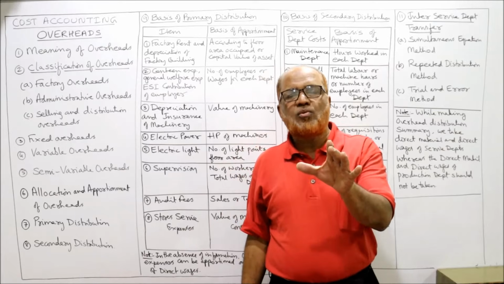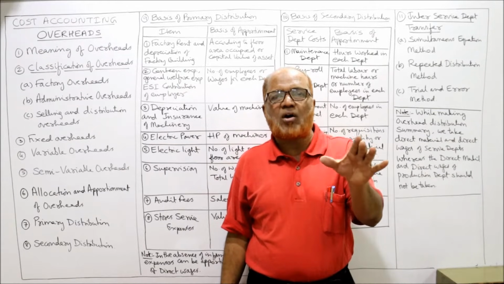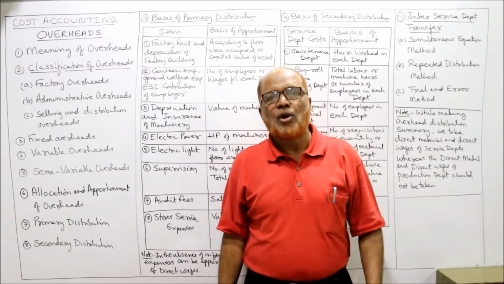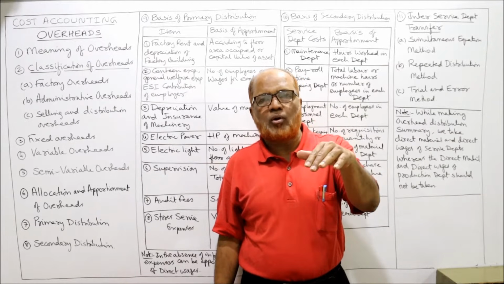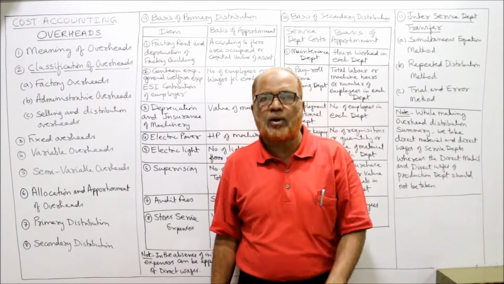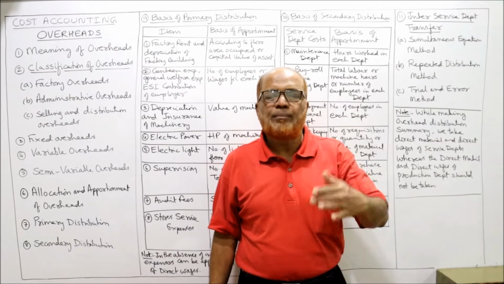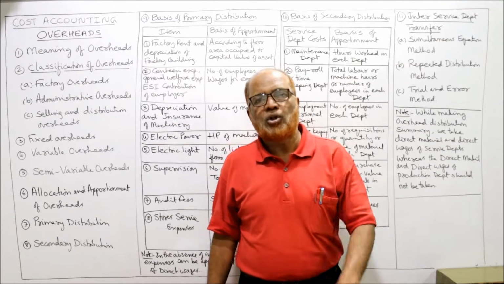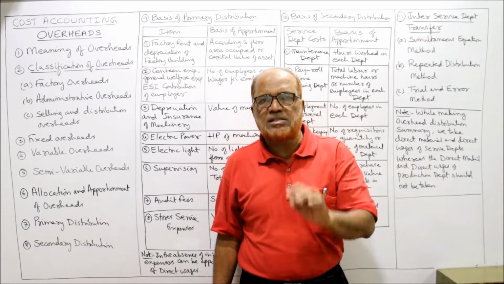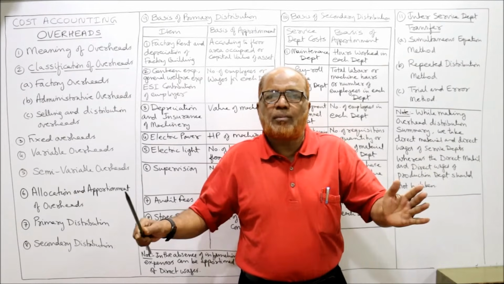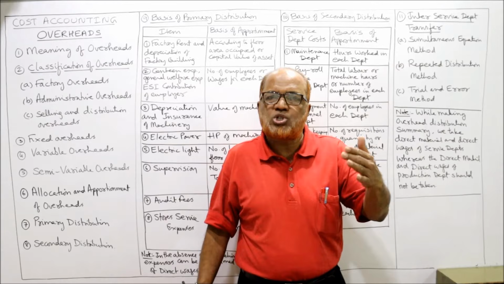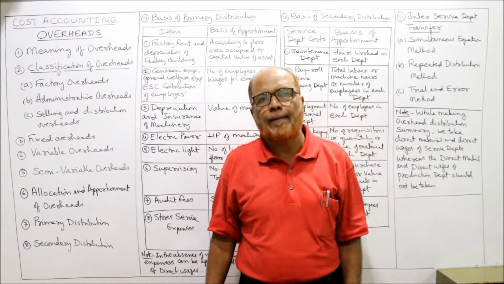Variable overheads are those which vary according to the production. More production, more variable overheads. Less production, less variable overhead. No production, no variable overheads. It goes along with the production proportionately. The per unit variable overhead will remain the same, but the total variable overhead will change proportionately along with the production or output.